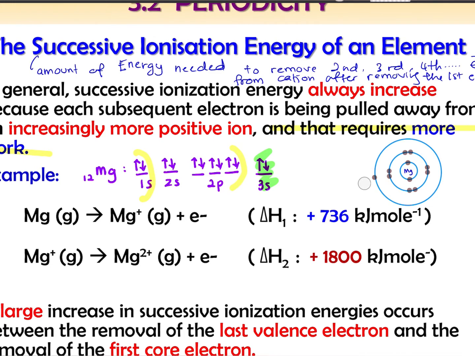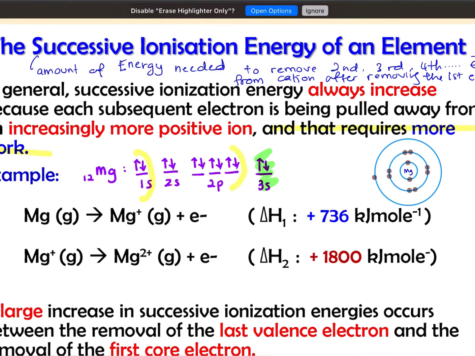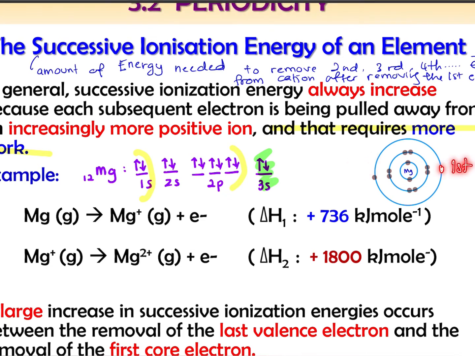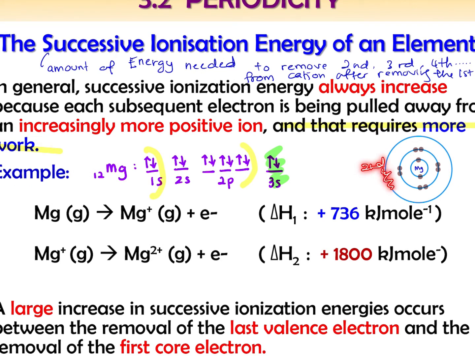So this is the second electron to be removed. Tadi ini di sini first electron yang kita remove. So you will form Mg2+.